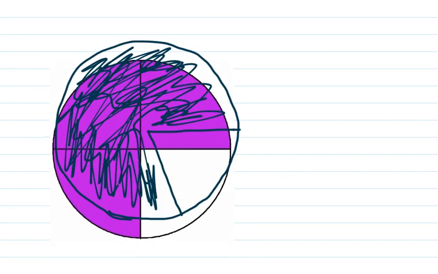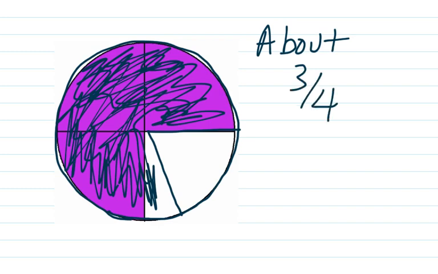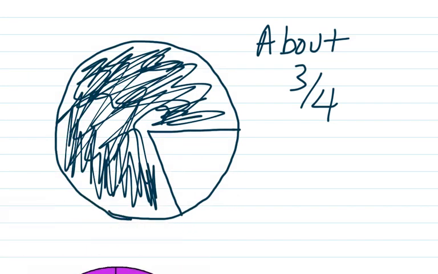I bring it up, and I can say that it's a little bit more, but it's really close to 3/4. So I'm going to say that this is about 3/4. Remember, when we're using benchmark fractions, we're using those to find unknown fractional amounts.